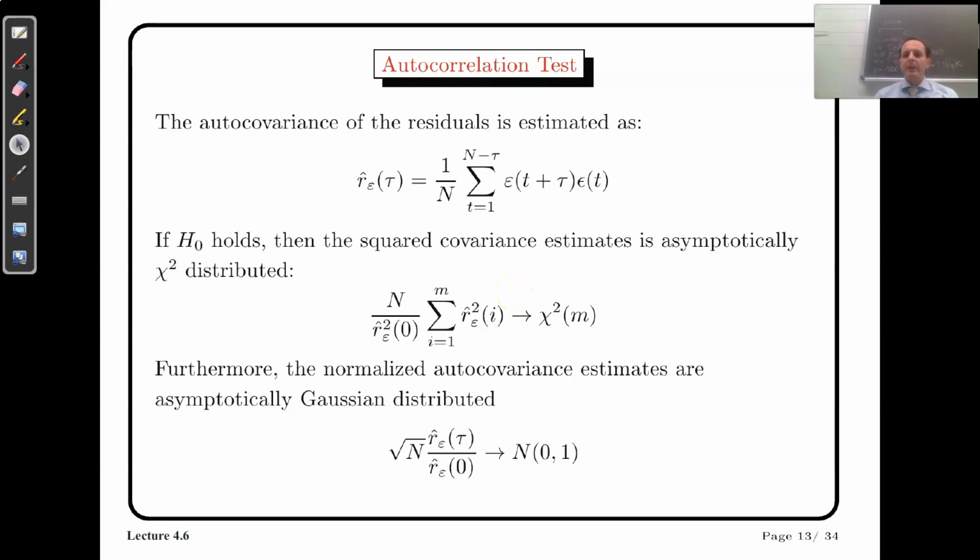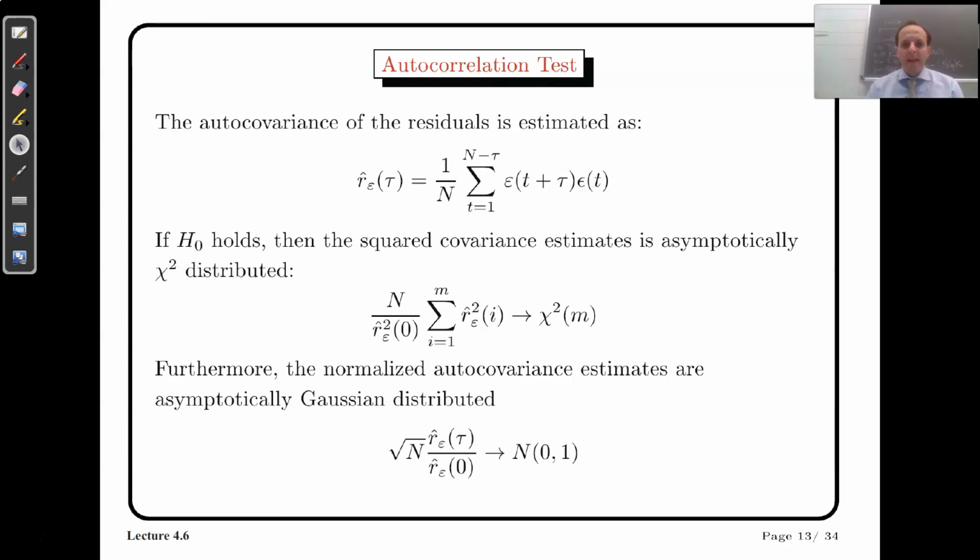Normally m depends on some tables, but normally 7 or 8 terms. It can be shown that this variable tends to the chi-square distribution with the same number of degrees of freedom m.